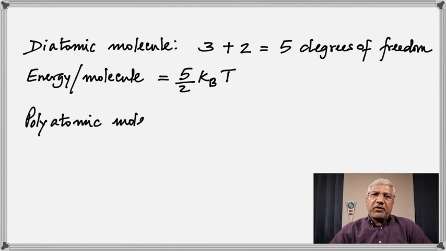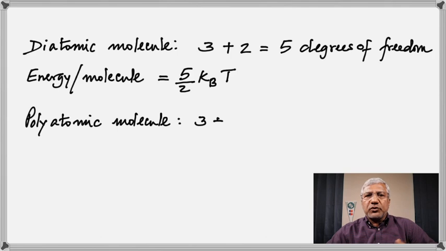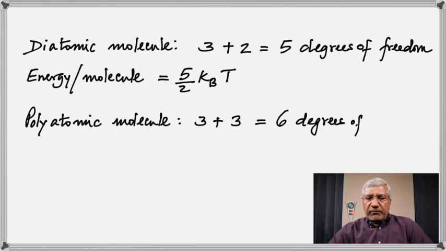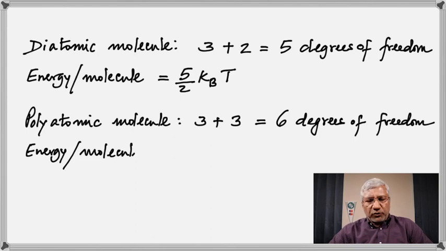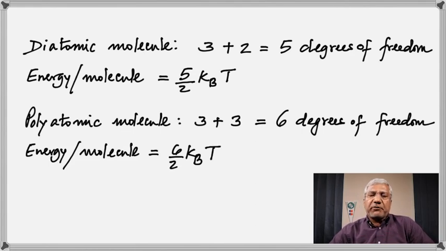If it's a polyatomic molecule, anything more than 2 atoms, like carbon dioxide or ammonia, it then has 6 degrees of freedom, 3 translational and 3 rotational. Therefore, the energy per molecule is now 6/2 kBT, which is actually 3 kBT. So remember that. And if you're given the temperature, all you've got to do is think about, is it monoatomic, diatomic, or polyatomic, and use the corresponding formula.